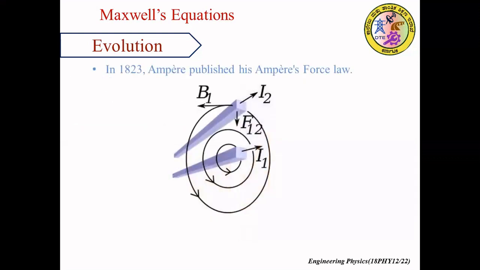In 1823, Ampere further investigated this Ørsted experiment, and he was able to deduce that for a pair of conductors carrying current, if the current is flowing in the same direction, they get attracted towards each other, and if the current direction is opposite, they get repelled.